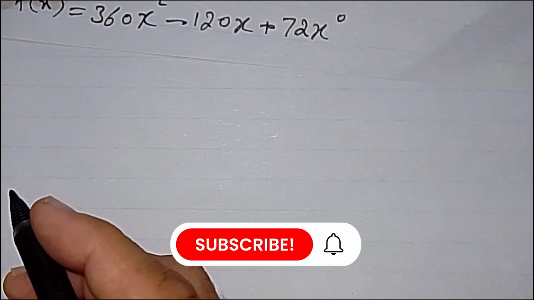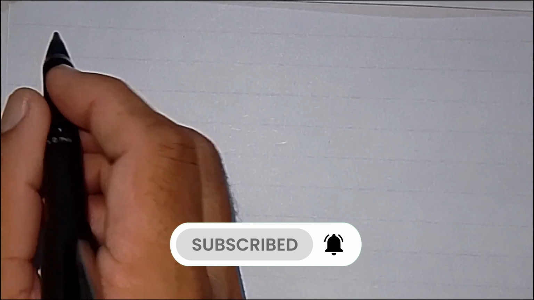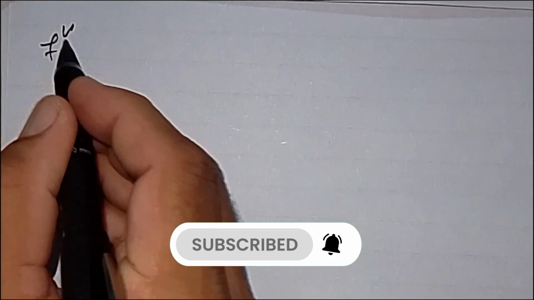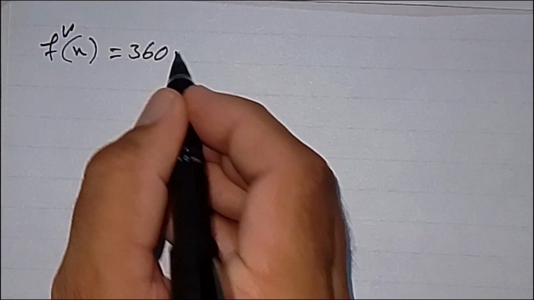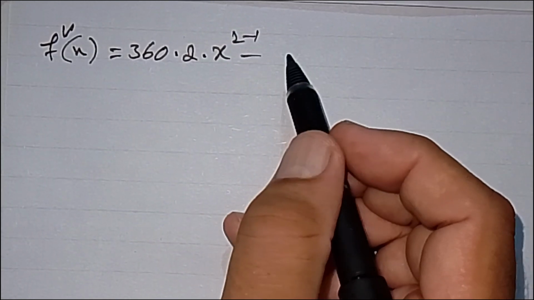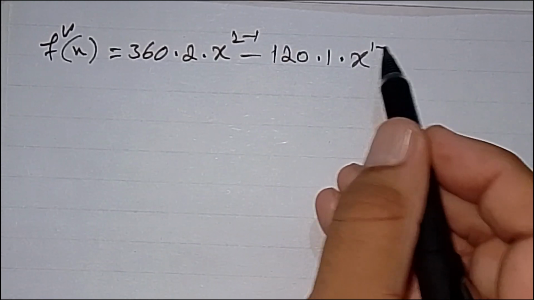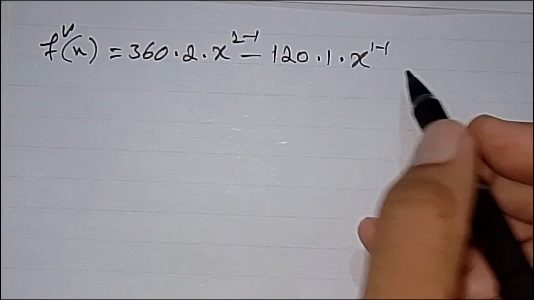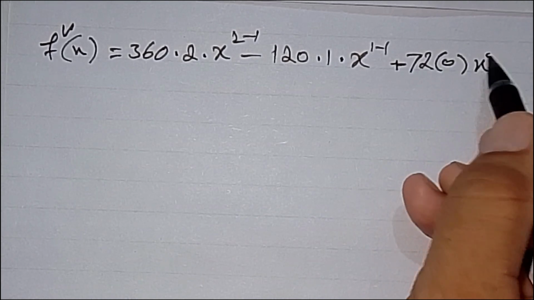Now we find the fifth derivative. Fifth derivative is equal to 360 into 2 into x raised to the power 2 minus 1, minus 120 into 1 into x raised to the power 1 minus 1, plus 72 into 0 into x raised to the power 0 minus 1.